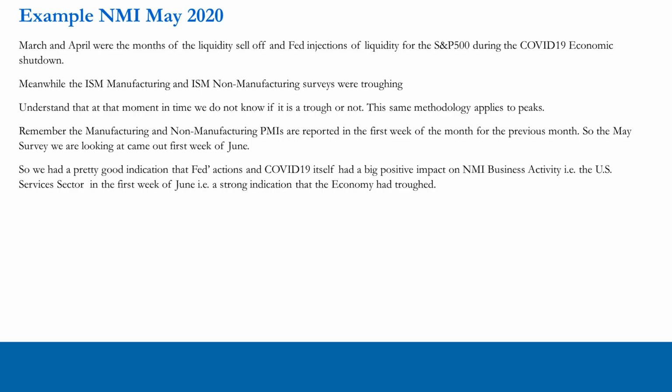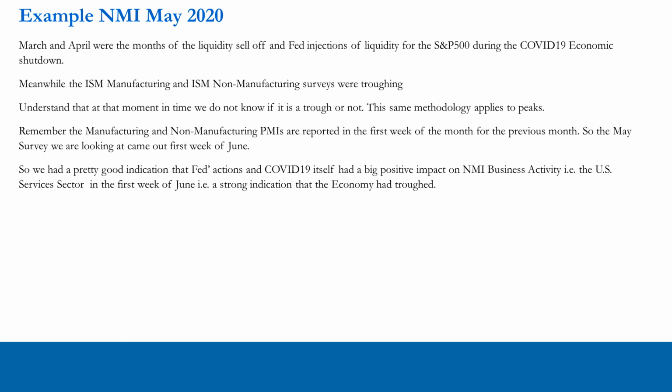So if we think about this moment in time, I think the NMI and business activity as a component in May 2020 is good to look at. Let's just sum it up here. It's a good example.